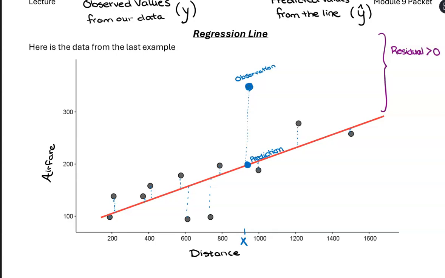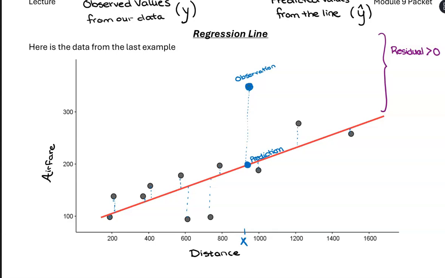Now, let's imagine we're setting up to purchase this ticket here. And we have a prediction that we're going to pay close to $200 for this airfare. What happened here is when we went to buy the ticket, it actually cost $400. So what we're seeing as an observation is so much larger than the prediction.